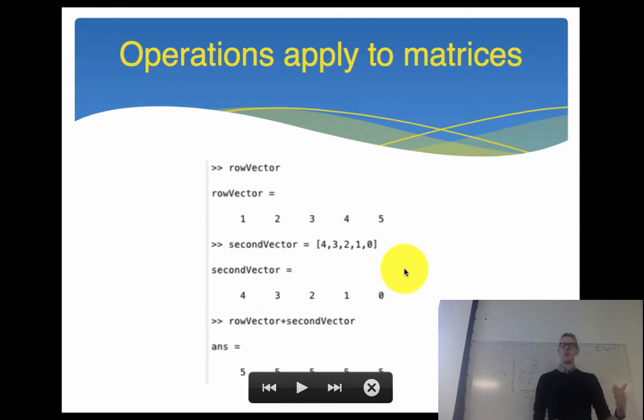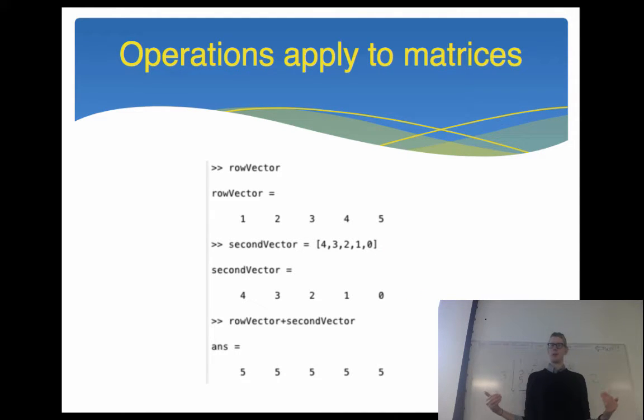I can then do one variable plus another variable, and it will, element-wise, one by one, add those 2 numbers together. So it'll do the first element of our row vector plus the first element of our second vector and put that in the first position of our result vector. So 1 plus 4 is going to be 5.